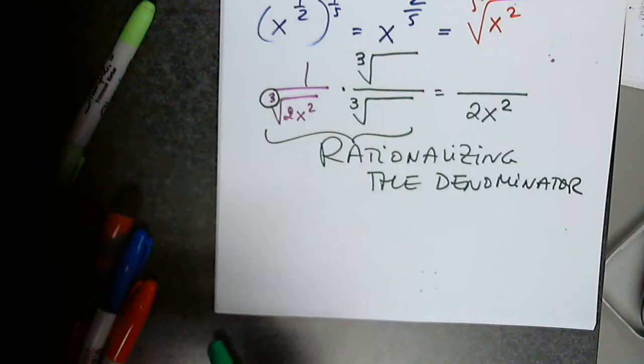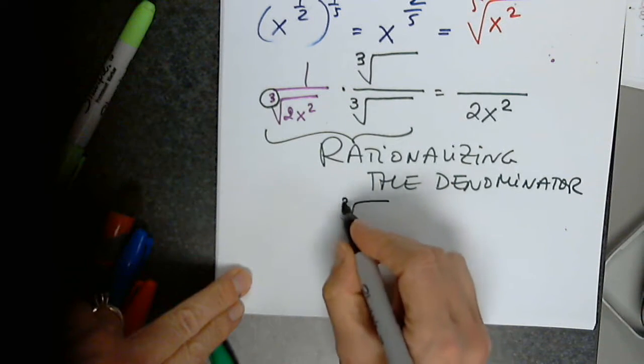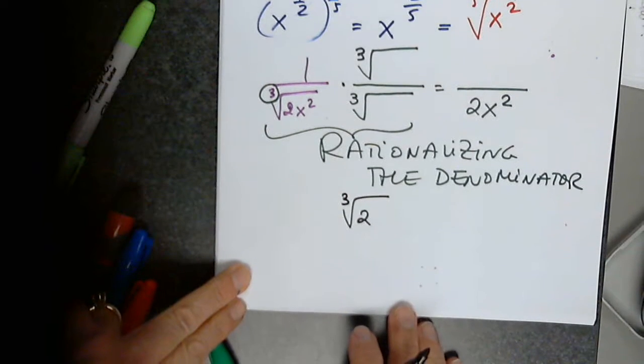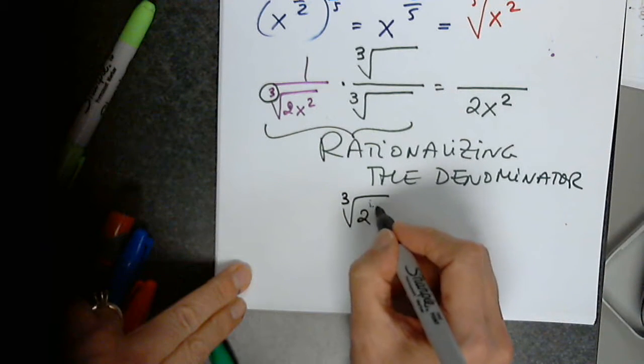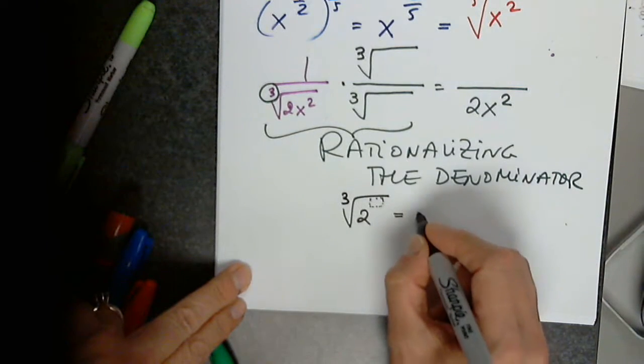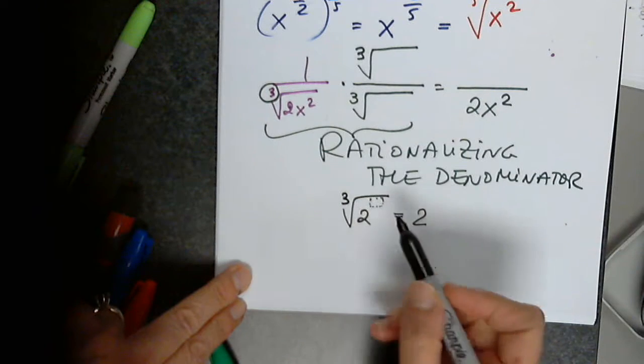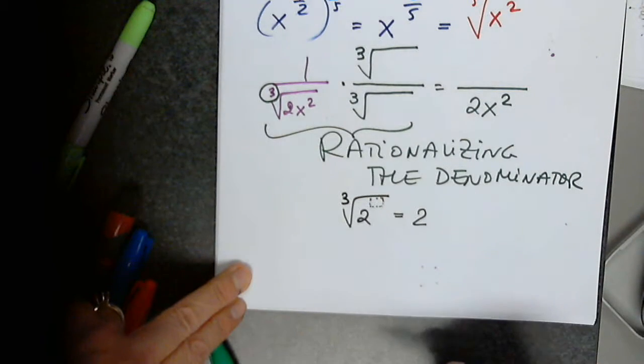And here's the reasoning. I'm looking at the first piece, like the cube root of 2. What power should I have here so that the radical clears completely and the answer is 2? If I put 4, then I will have 4 over 3. That's not going to work.